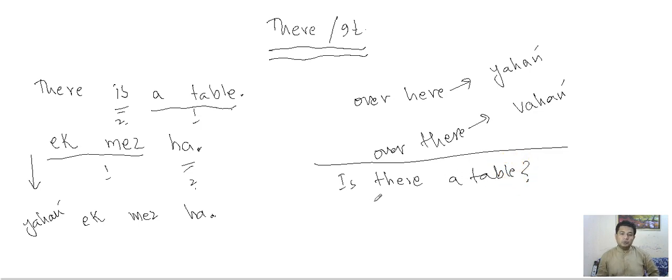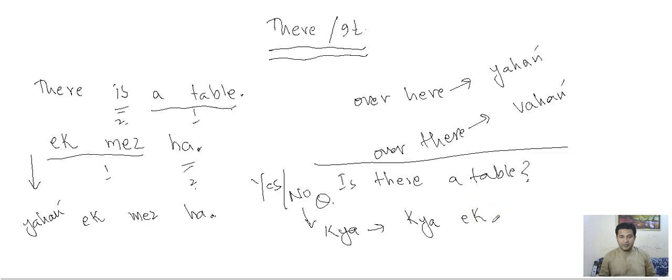So in Urdu, for a yes-no question, we use kya in the beginning of the sentence, and the remaining sentence remains just like an assertive sentence. So the sentence will be kya ek, is there a table, kya ek मेज है.